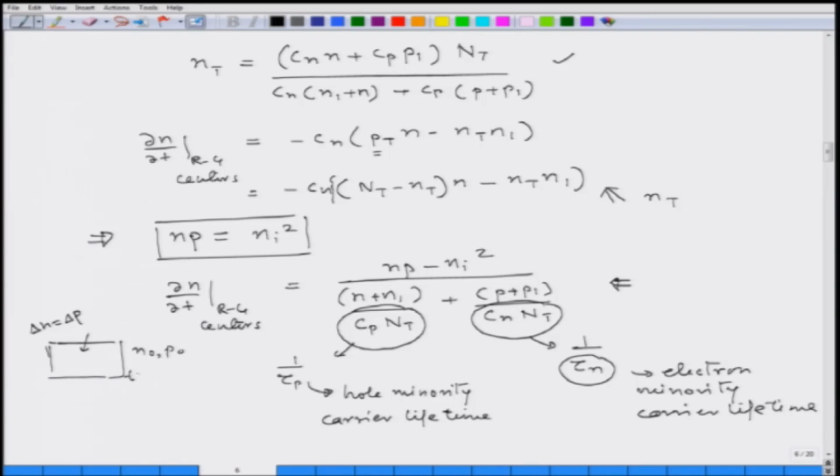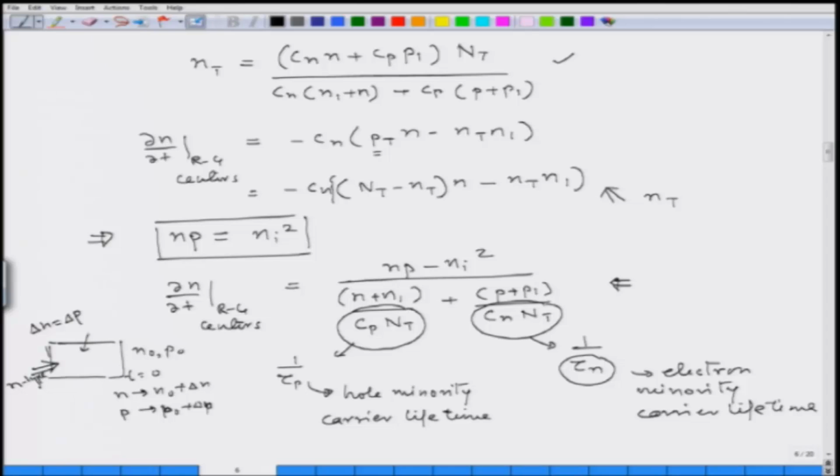At some point t equal to 0, I increase the electron concentration to n0 plus delta n, and change the hole concentration to p0 plus delta p, and delta n and delta p are the same for this particular mechanism that I am talking about.